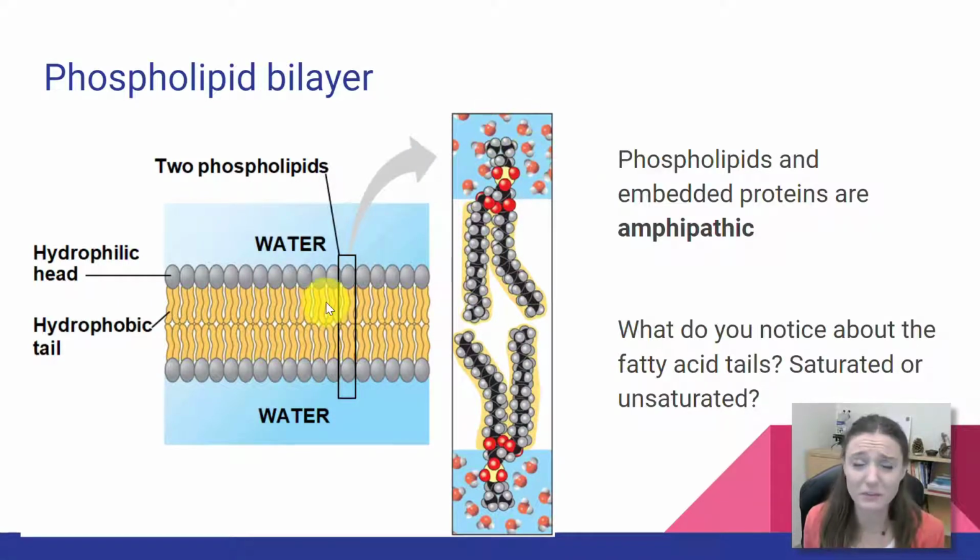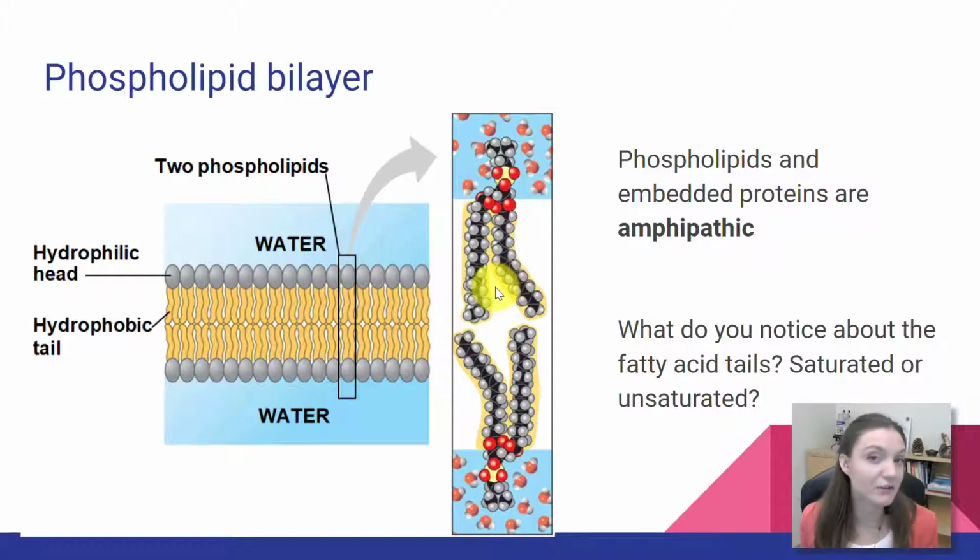So when we put phospholipid molecules in water together, due to the nature of the fatty acid tails being hydrophobic and their phospholipid heads being hydrophilic, they will create this bilayer, okay? But another key component of these phospholipids is these tails. What's unique about them? What do we see here, this bend right here? That is because they are unsaturated fats, or at least one of their tails is unsaturated.